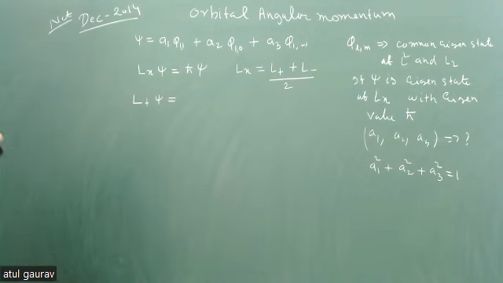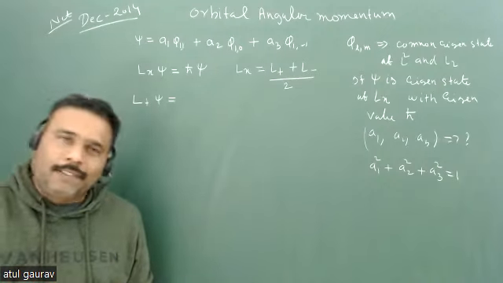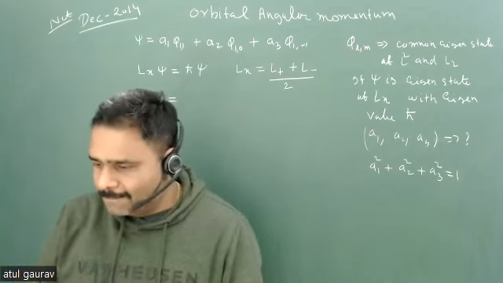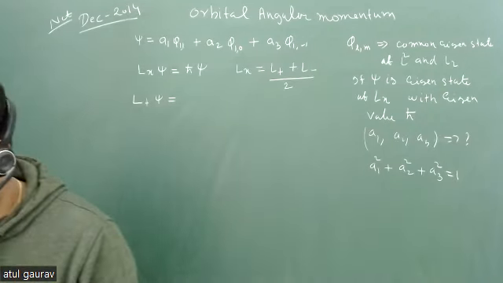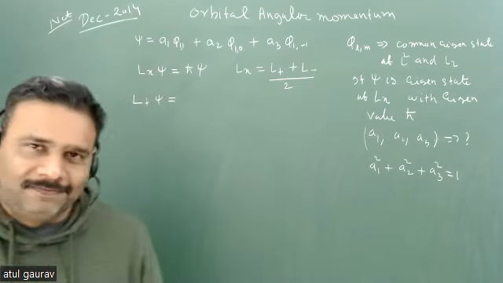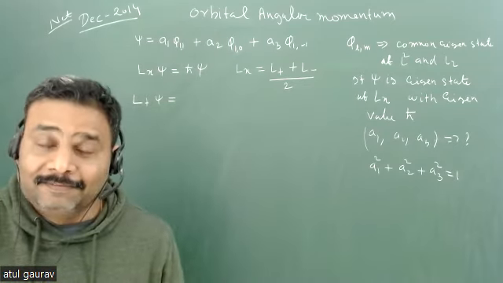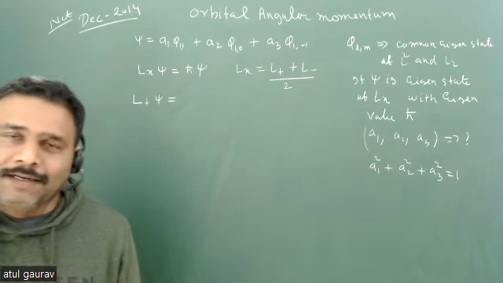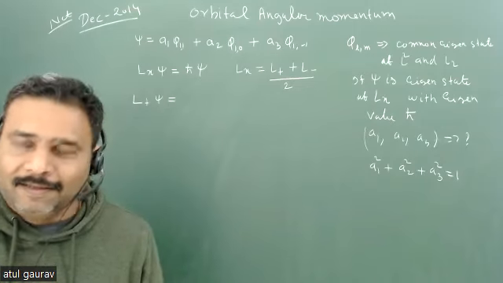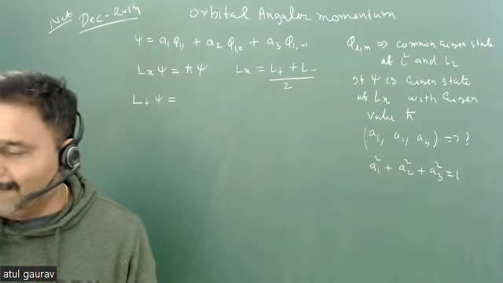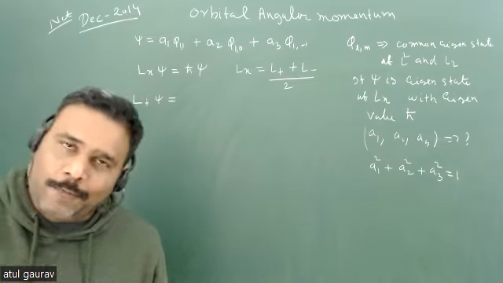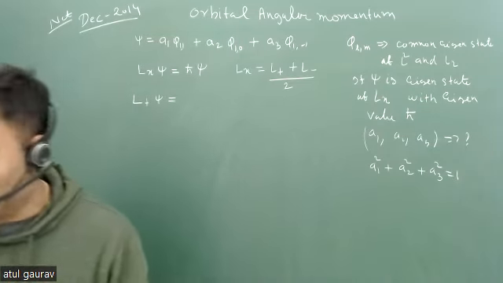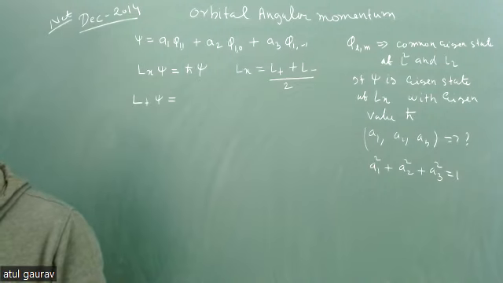If you operate L plus on phi 1 1, what will happen?